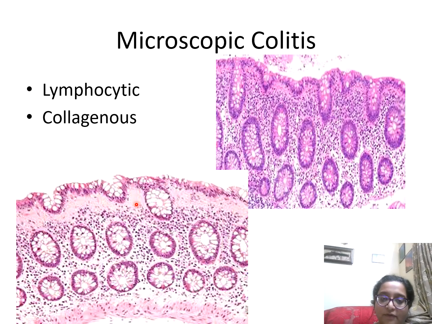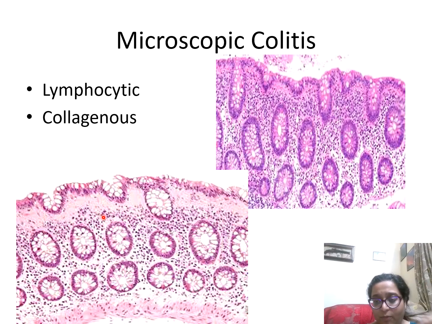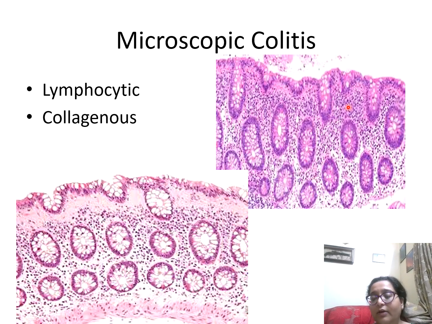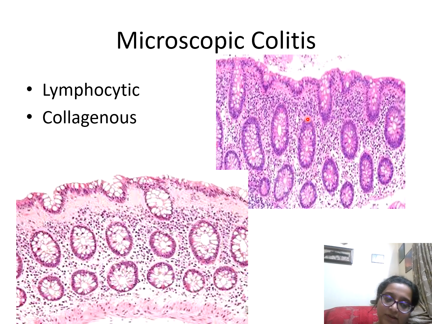In collagenous colitis, you see a 15 micron thick band of collagen just below the lining epithelium. It is visible at low power and is very characteristic. In lymphocytic colitis, you are going to see a very busy lamina propria with dense lymphocytic inflammation. There's a cutoff for the number of lymphocytes, and there's a cutoff for the number of eosinophils.